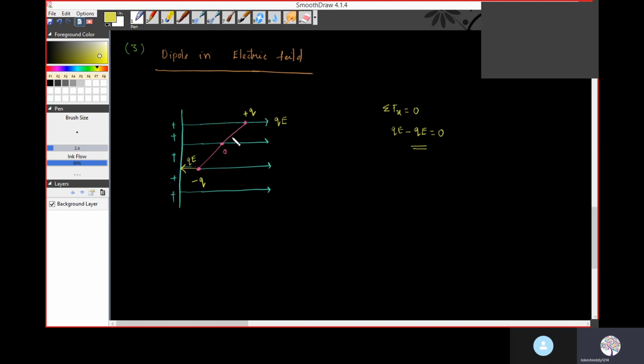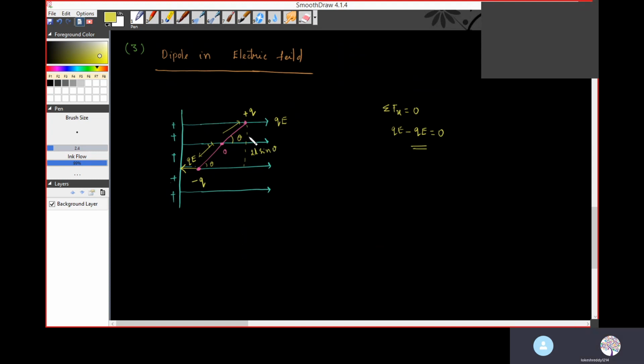Let us take the angle here as theta. If this is 2L, the distance from here to here, then the perpendicular distance is 2L sin theta.